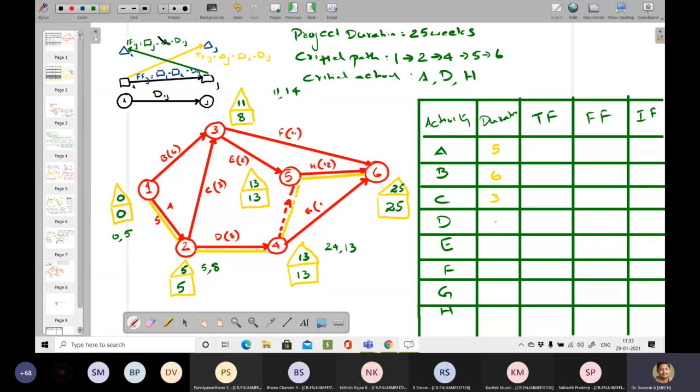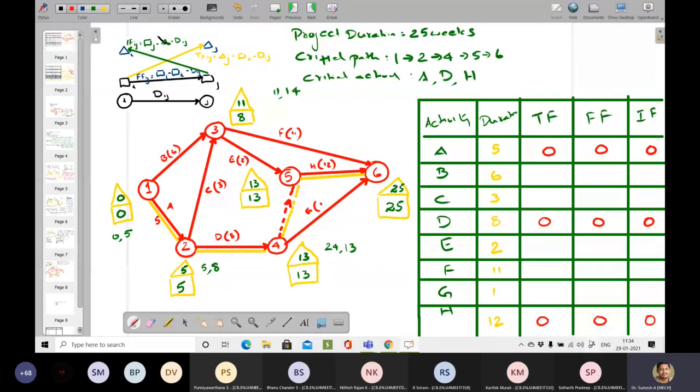And if you calculate for A, all the values will be 0. D also it will be 0. H also it will be 0. So the rest you can calculate.